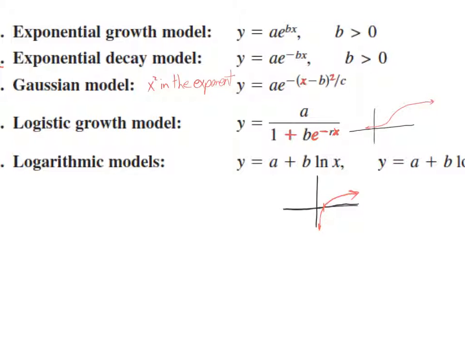The Gaussian model is actually the bell curve. So when you see a bell curve, that's a Gaussian model. So here we go, just to sketch one so we remember. Here's our bell curve. Okay, that's decent.